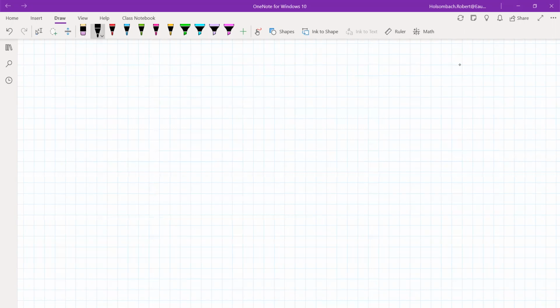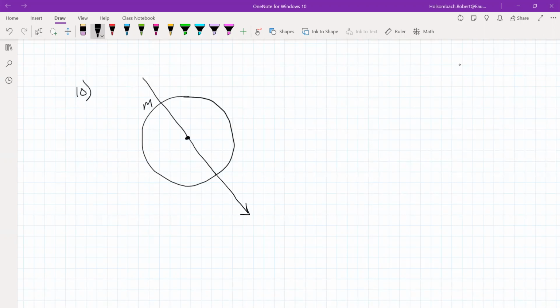Number 10. All right, number 10 has a point right there in the middle of the circle, and then it's got a secant that goes through that point. So we got point M, and this thing goes all the way through.